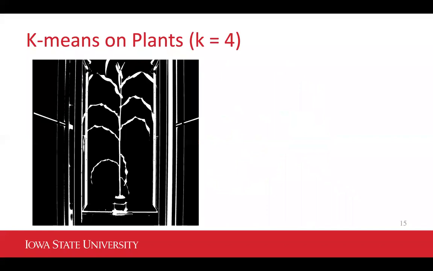So what if we apply this k-means clustering on our images? Remember that our image has just two classes which we are interested in, the plant and the background. But instead of using k equal to 2, here I just try k larger than 2. The underlying cluster, I set it equal to 4.